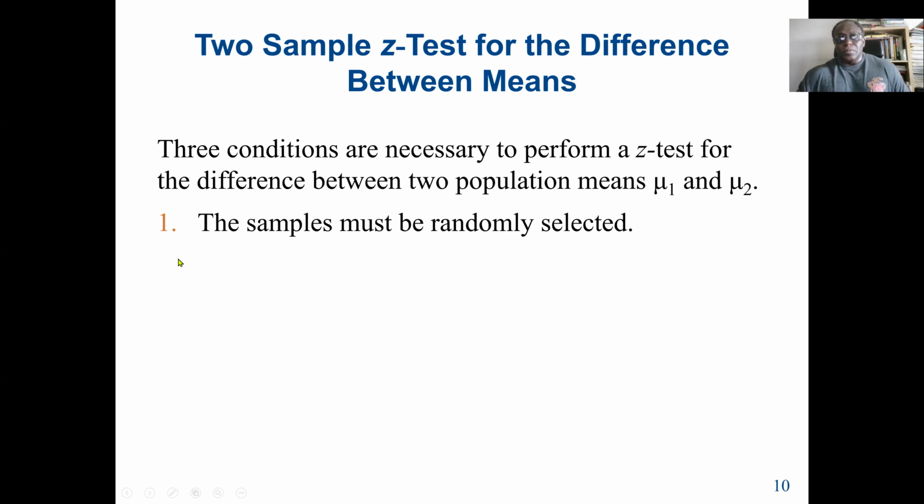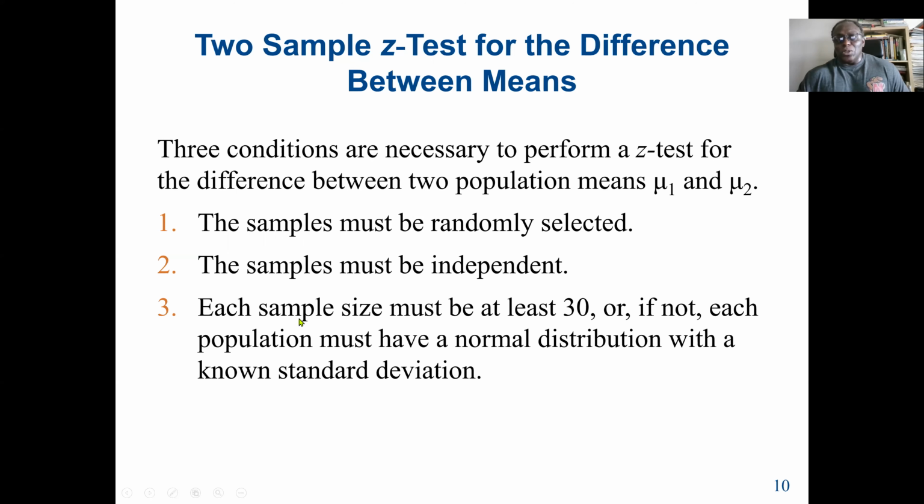First, the samples must be randomly selected. Secondly, the samples must be independent. Actually, we call this 2 independent sample hypothesis testing. Then thirdly, each sample size must be at least 30. This is what we mean by a large sample.